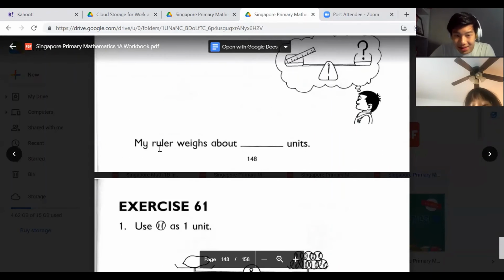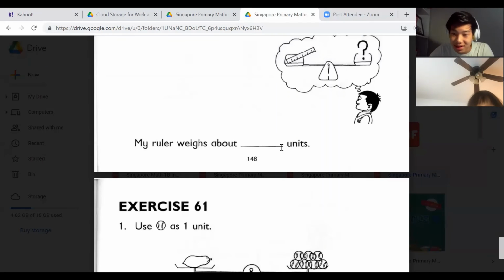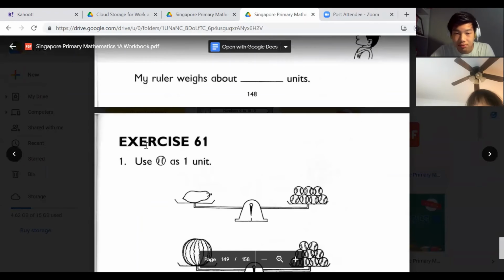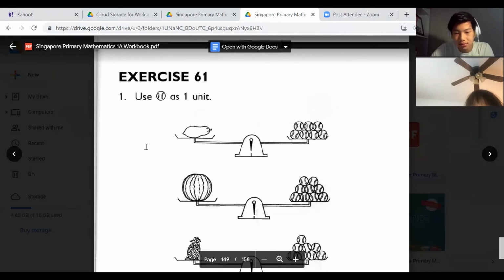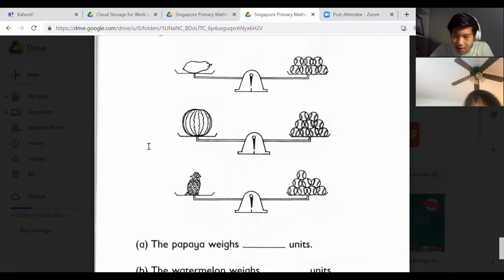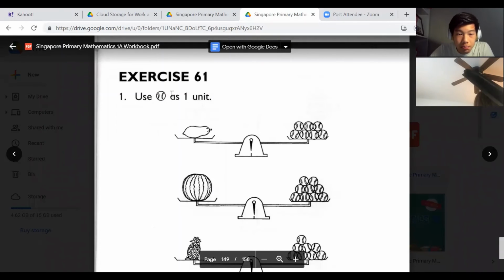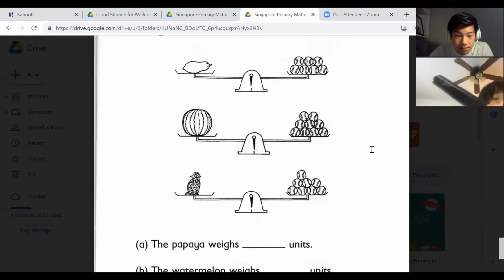Notice how this says my ruler weighs about this many units, because people's different rulers are definitely going to have different weights. So there really isn't a right answer. Okay. Use baseballs as 1 unit.